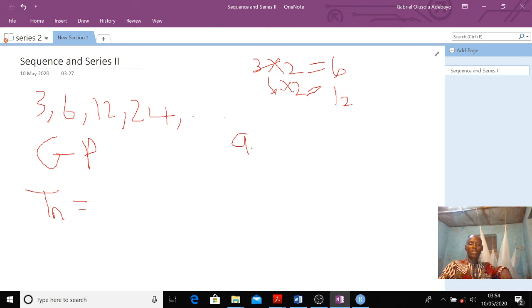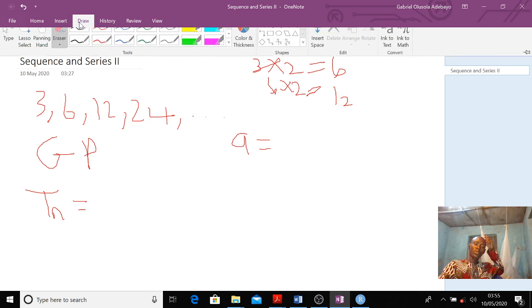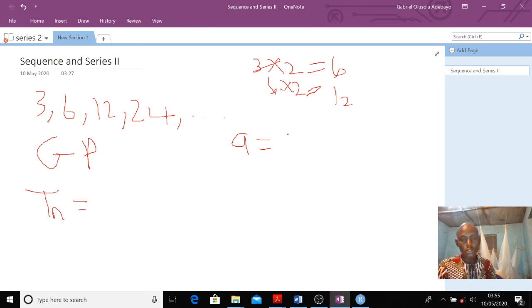Our first term a is 3, and our r is 6 divided by 3, which is equal to what? 2.